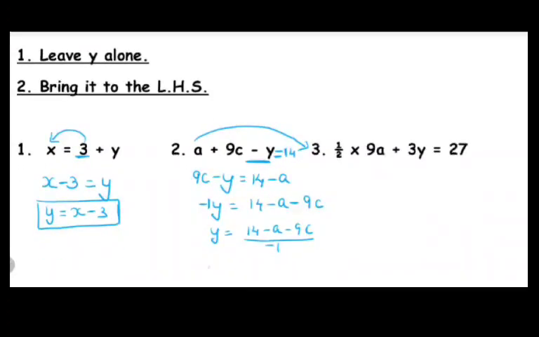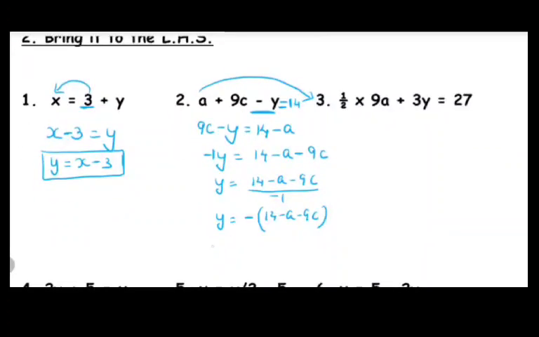Can we not put the minus sign to the entire fraction, or to the entire thing? Now this looks like minus 14 plus A plus 9C.